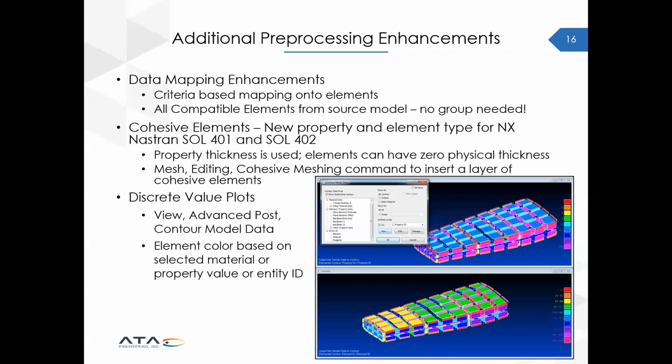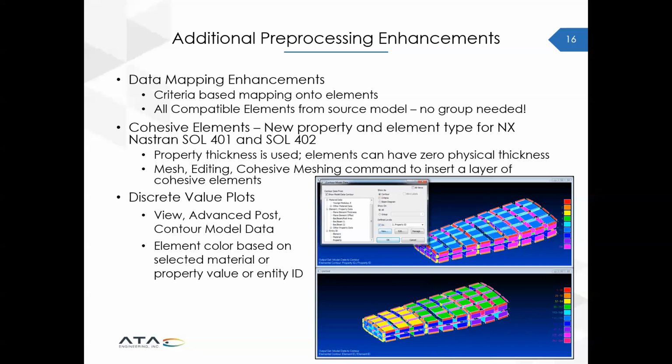They've also introduced cohesive elements, and I'm not going to get too far into this. Cohesive elements are, or can be used in the new NX Nastran Solutions 400 and 401. And one caveat for cohesive elements is that the thickness of the cohesive element is calculated using the property thickness. So the element itself, it's a brick element, sort of like a hex element.